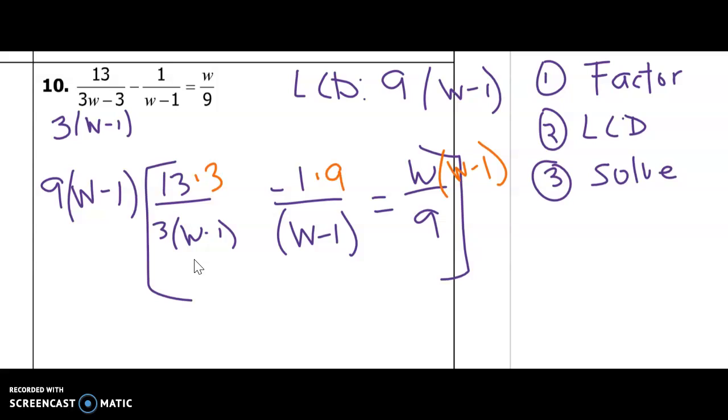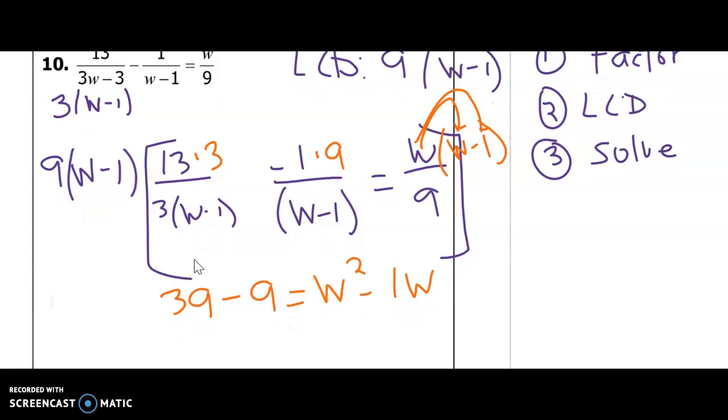So now 13 times 3 is 39. Negative 1 times 9 is negative 9 equals W times W is W squared, and W times negative 1 is negative 1W.